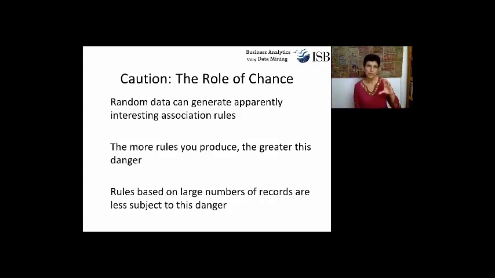So you want to try and reduce the number of rules that you're trying to produce, not only by setting the thresholds high, but by also a priori saying, I only care about these particular items or about these particular combinations from an operational point of view. The other issue is that you want to use as many records or transactions as you can, because rules that are based on larger numbers of transactions are less likely to be a result of chance.